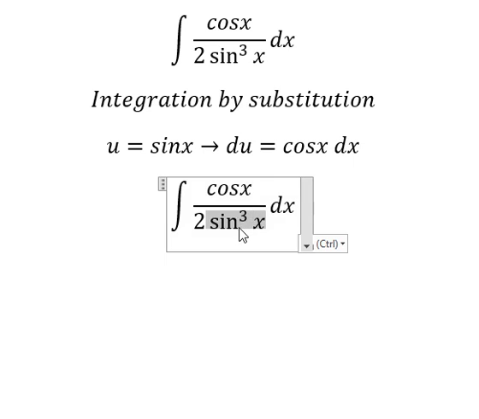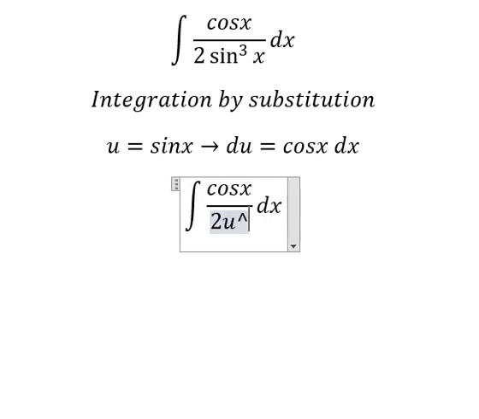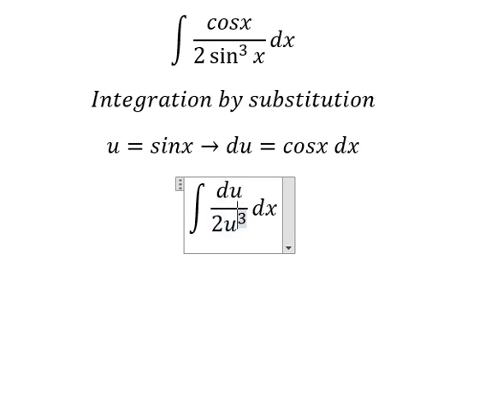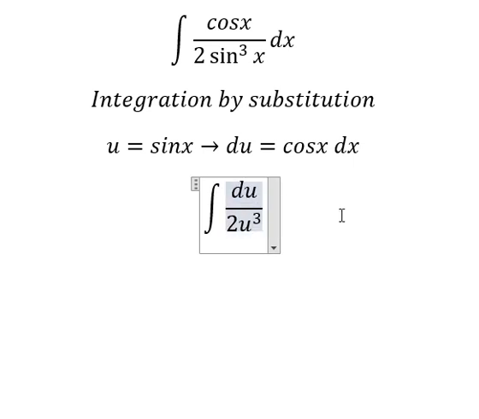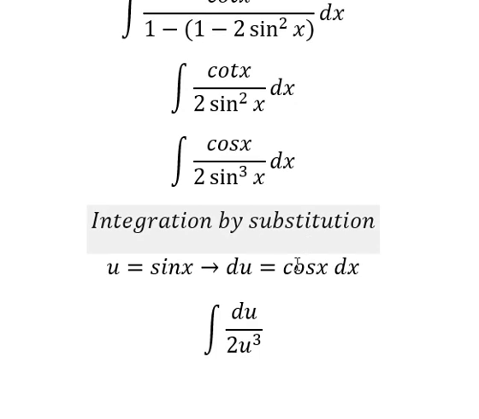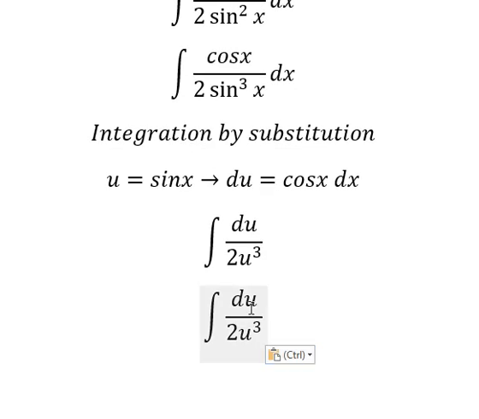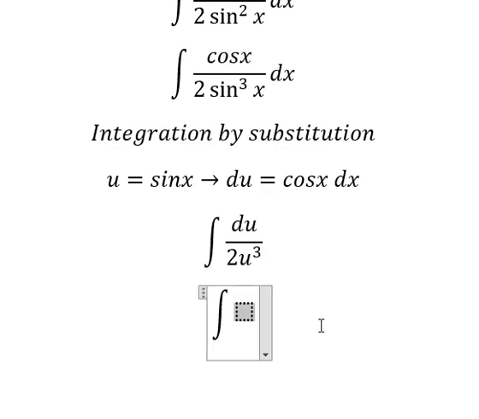This one we change for u. Cosine x dx we change for du. And this one we can put like this.